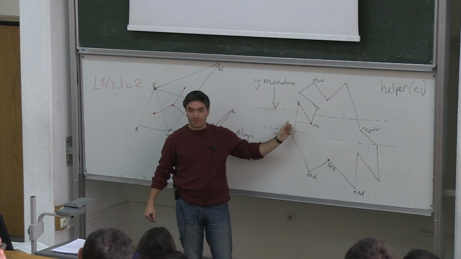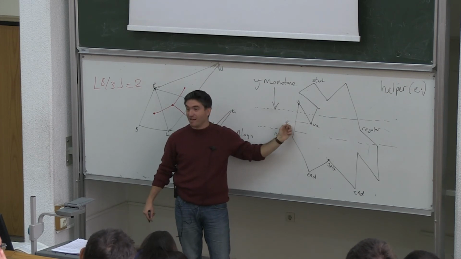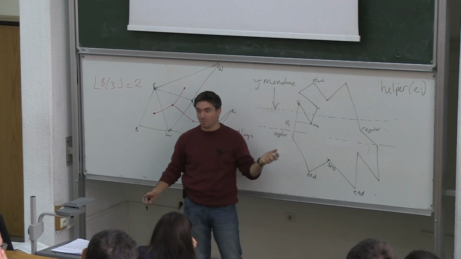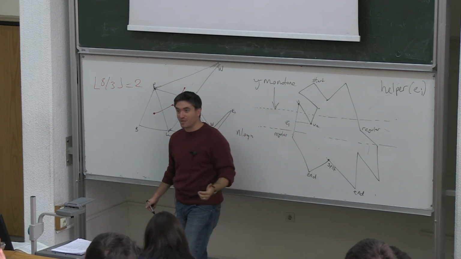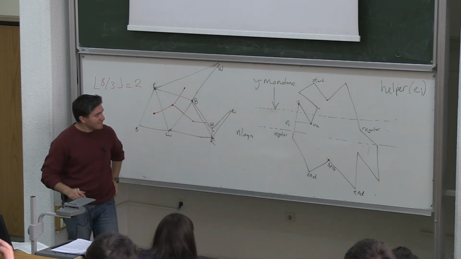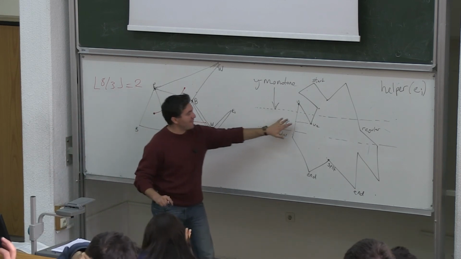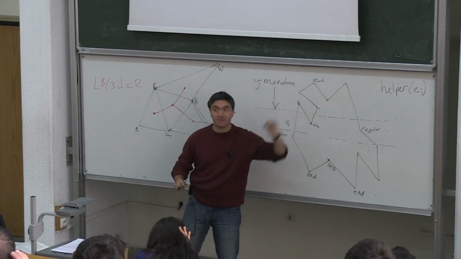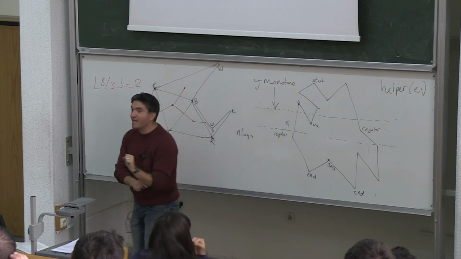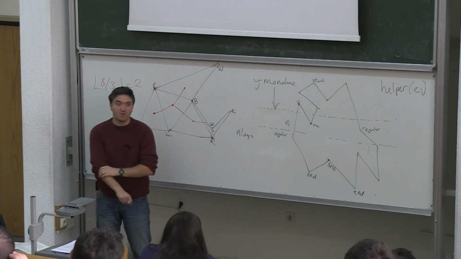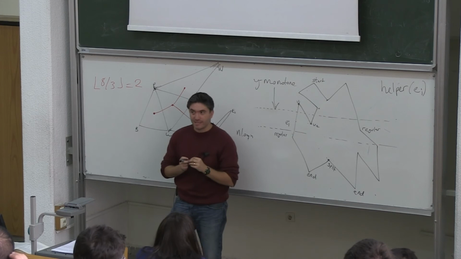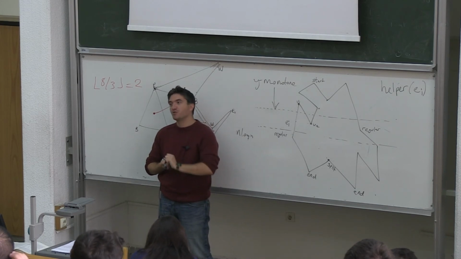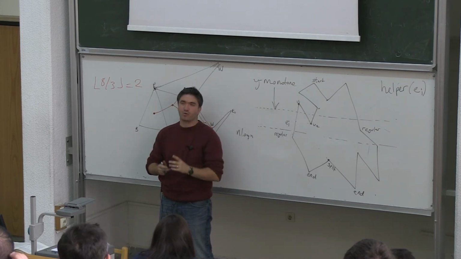The left neighbor of V2 is e_i, and all you need to do is set the helper of e_i to this event point V2. So this is what we are going to maintain: the helper vertices of edges, which are going to be used to connect split or merge vertices to get these diagonals.